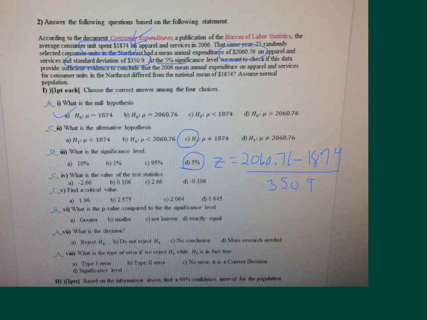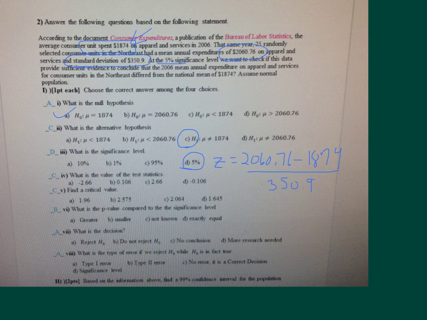So in this case, when we're finding our test statistic, if we subtract those two numbers on top, we get 3934.76, and if we divide by 350.9, we get 11.21, and that's not one of the answers.